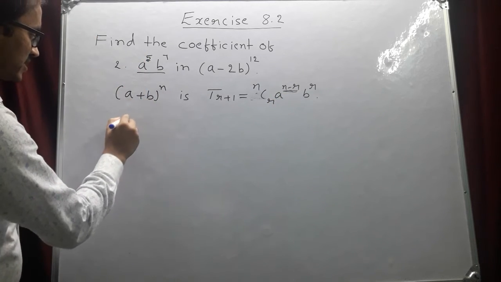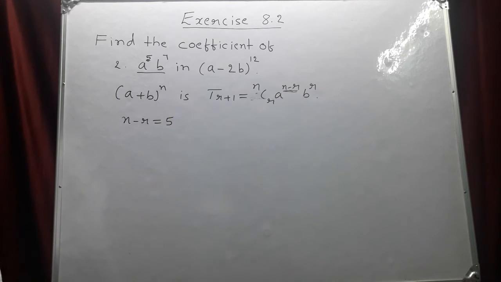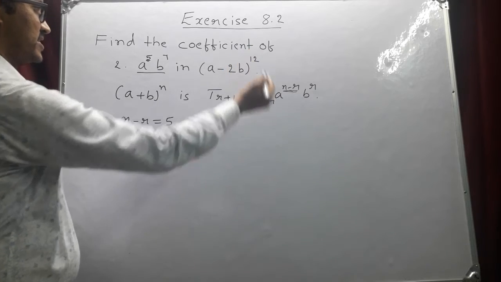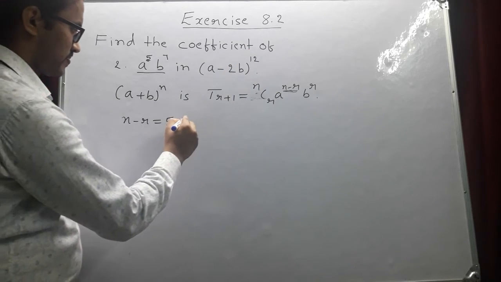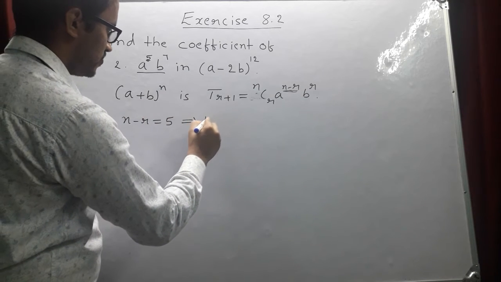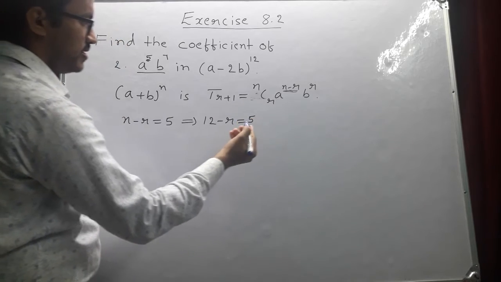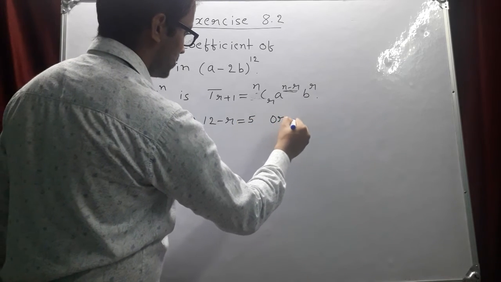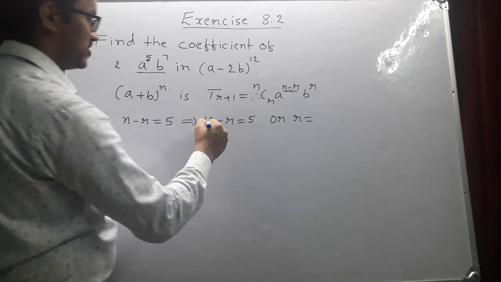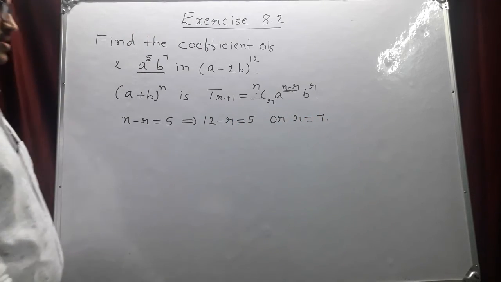So n minus r should be 5. Here the index is 12, so we substitute n equals 12. 12 minus r equals 5. R value becomes 12 minus 5, that is 7.